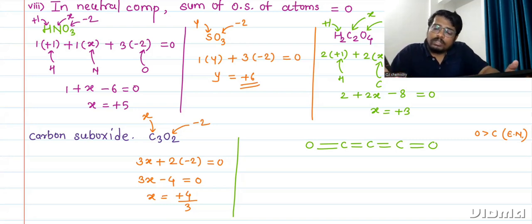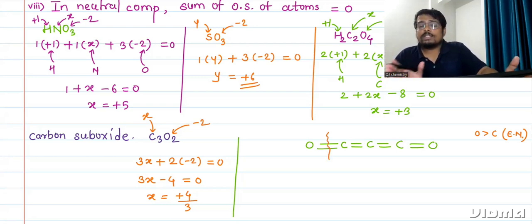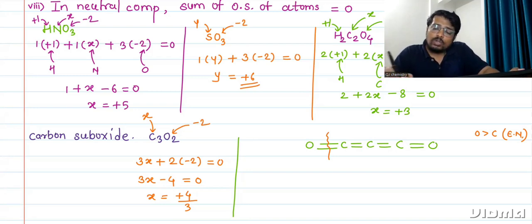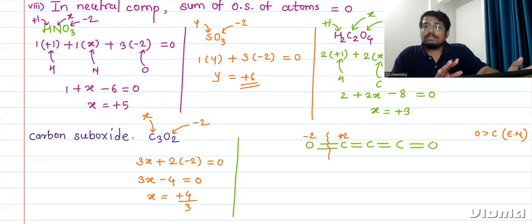Here we are dissociating two bonds, so we assign -2 charge to the more electronegative oxygen atom and +2 charge to the less electronegative carbon. Similarly here also, -2 and +2.